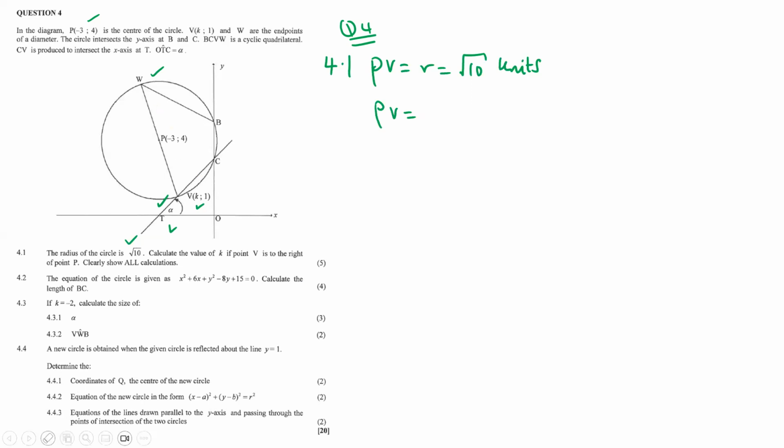At P is x1, y1, and at V is x2, y2. We remember the distance formula, it's there at the back of the matric paper. The distance is the square root of x2 minus x1 squared plus y2 minus y1 squared. But obviously you can do it the other way around.